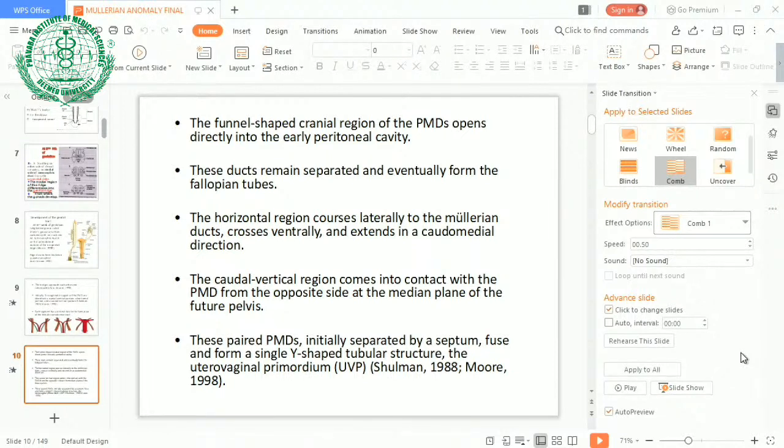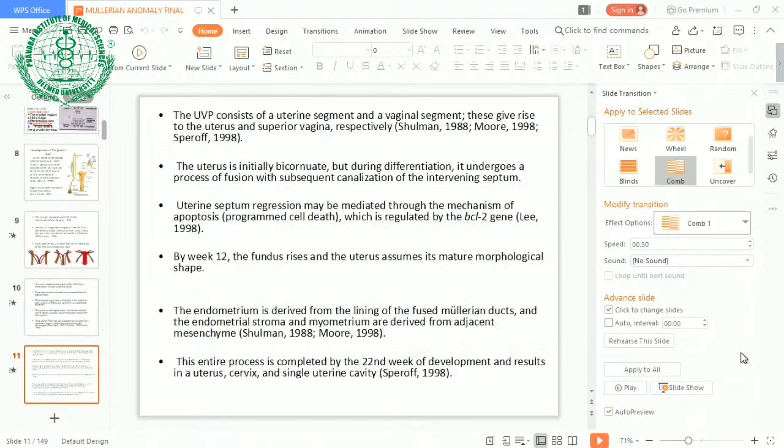The caudal vertical region comes into contact with the paramesonephric duct from the opposite side at the median plane of the future pelvis. These paired PMDs, initially separated by a septum, fuse and form a single Y-shaped tubular structure, the Uterovaginal Primordium, UVP. The UVP consists of uterine segment and the vaginal segment.